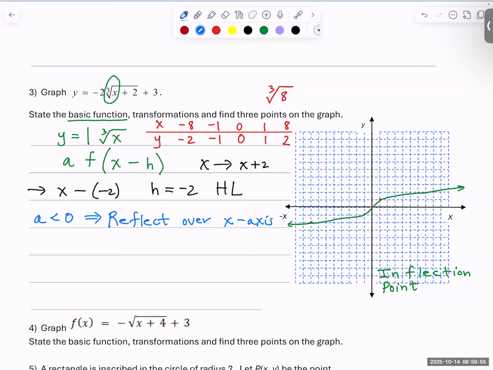And the absolute value of a, the absolute value of negative 2, equals positive 2. Whenever it's greater than 1, the y values are increased by a factor of 2, and thus we're going to have vertical stretching. Capital V for vertical stretching.